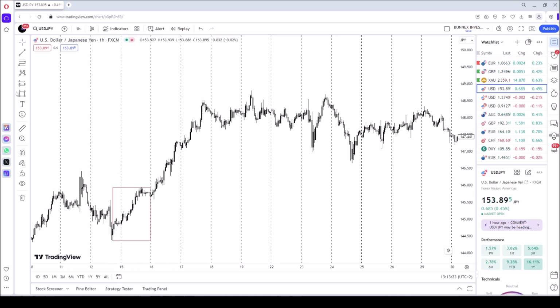From that point, we had one day and then we had another day, but this day actually broke the high of the previous day, meaning that we had the first day of rise, the second day of rise, and then in this case, we had a third day of rise that broke the high of the previous day.